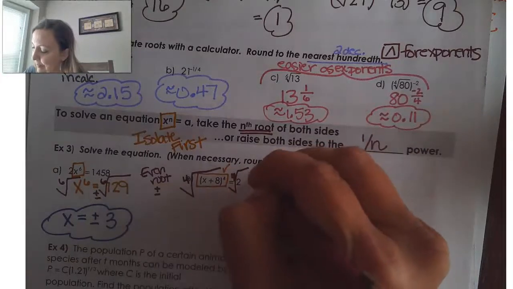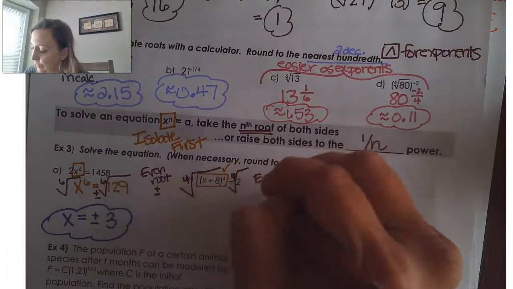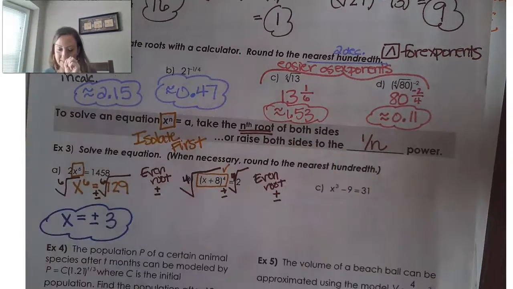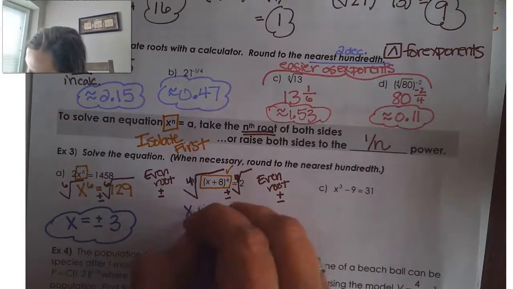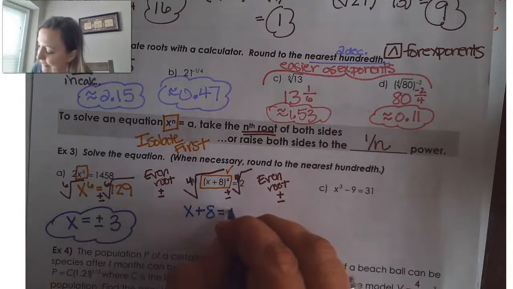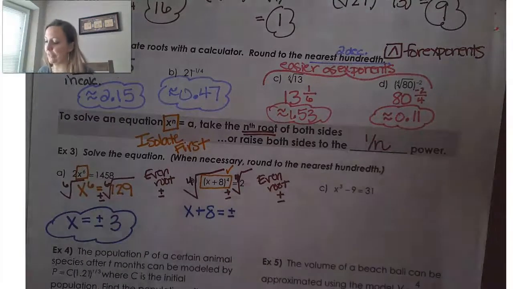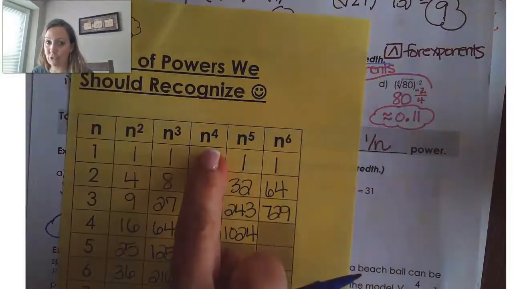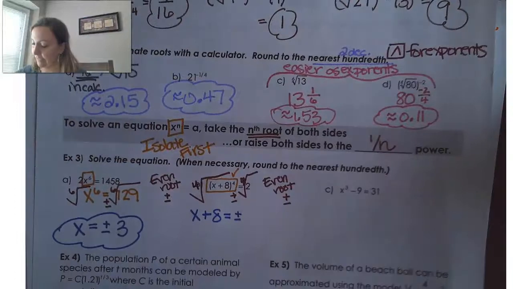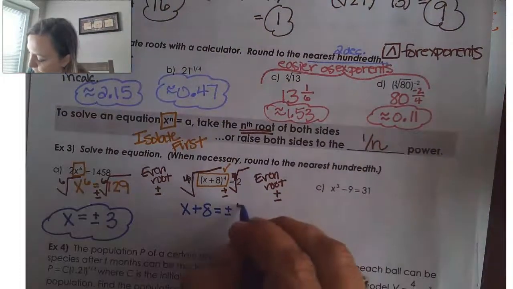And because I'm inserting an even root, I need to make sure that I have a plus or minus in front there. So I'm going to have x plus 8 equals plus or minus. And if I look on my sheet, I see that 2 isn't on here. So right now, I'm just going to leave this as the fourth root of 2.